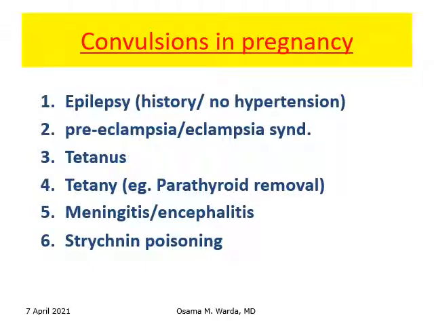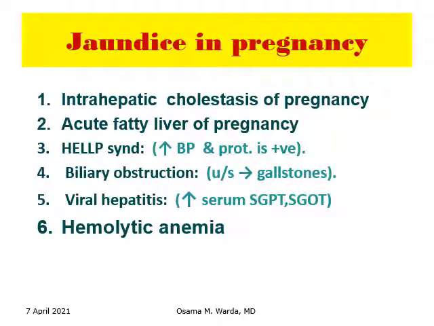It may be due to tetany, as in accidental parathyroid removal with thyroidectomy, or meningitis and encephalitis, with arching, a history of infection, and positive CSF culture, or strychnine poisoning, which is rare nowadays.